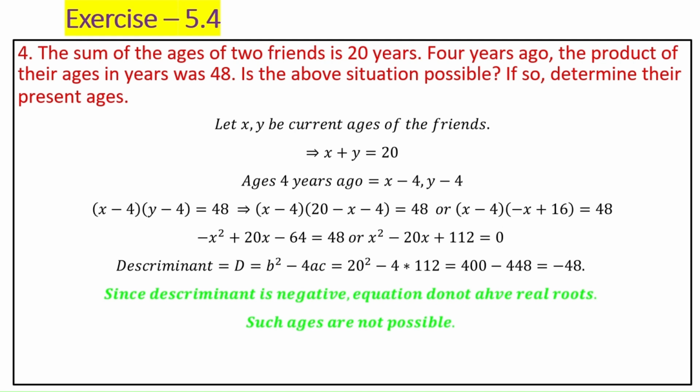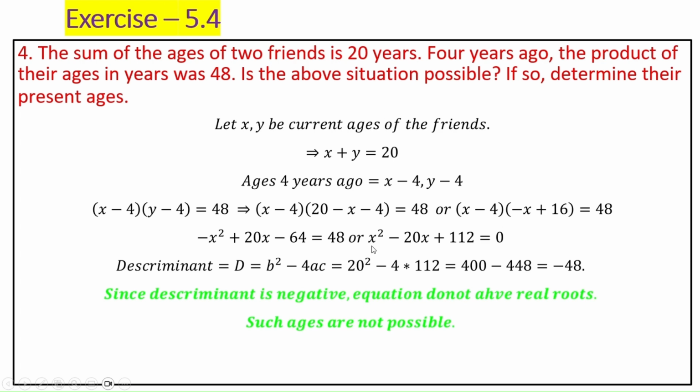Okay. Let x, y be the current ages of the friends. So x plus y is 20 as given. 4 years ago, their ages will be x minus 4 and y minus 4. So it is given that x minus 4 into y minus 4 equal to 48. So x minus 4 into y replaced with 20 minus x, so 20 minus x minus 4 equal to 48.